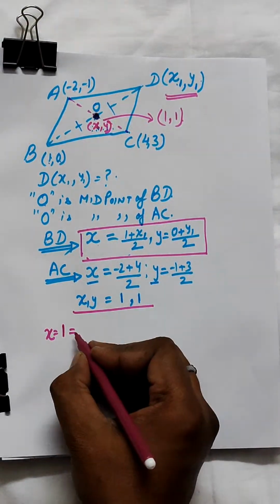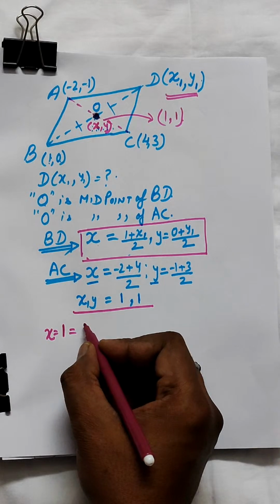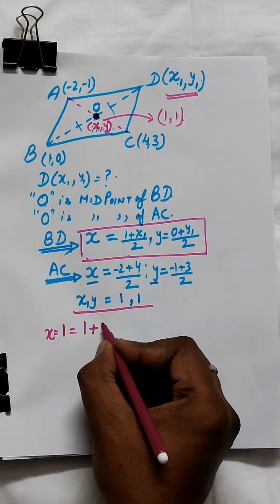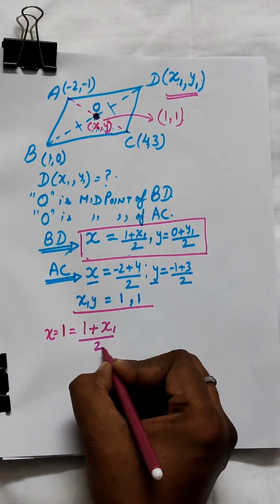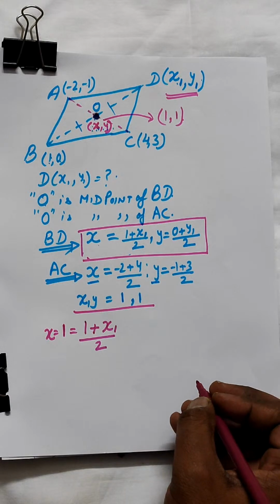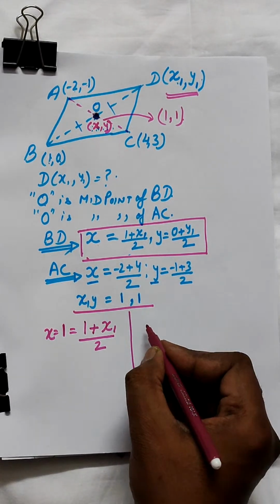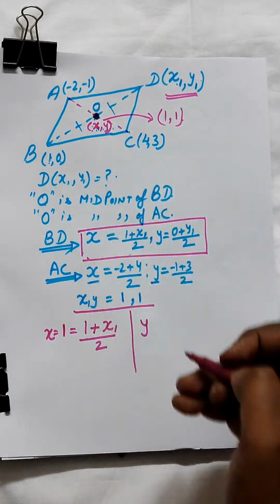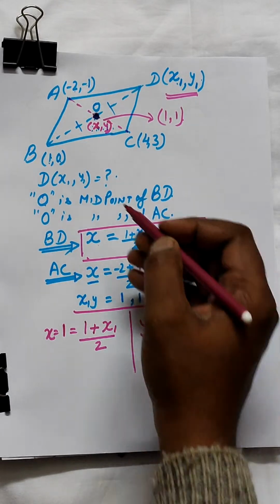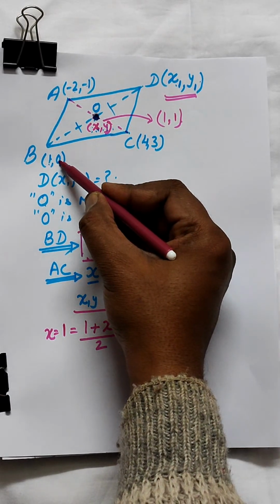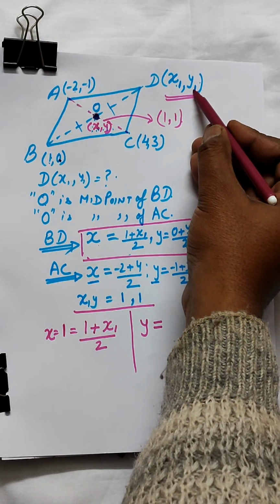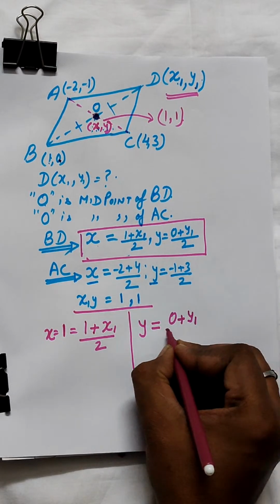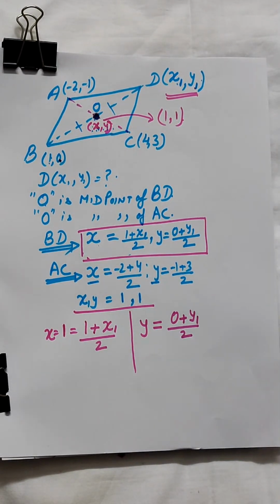So can't we say that x equals 1 represents the abscissa of B plus the abscissa of D, that is x1, divided by 2. And similarly for y, the midpoint, we get the ordinate of B plus the ordinate of D, that is 0 plus y1, by 2, isn't it?